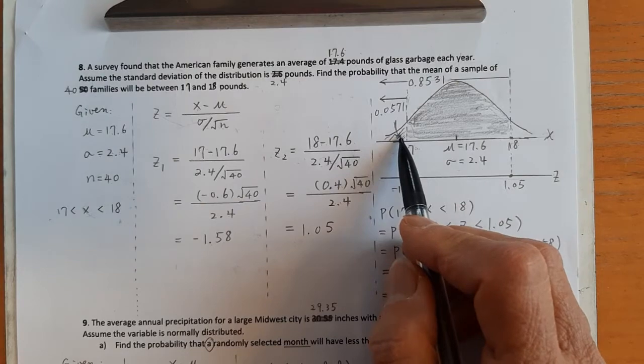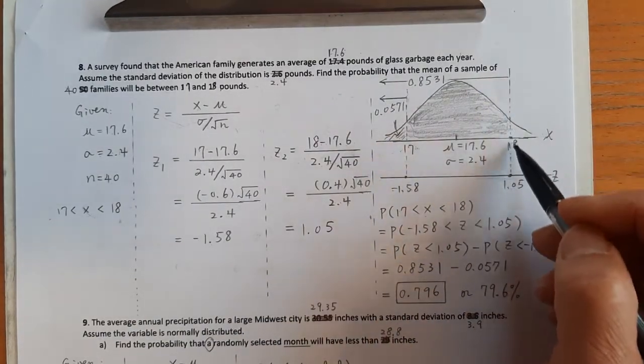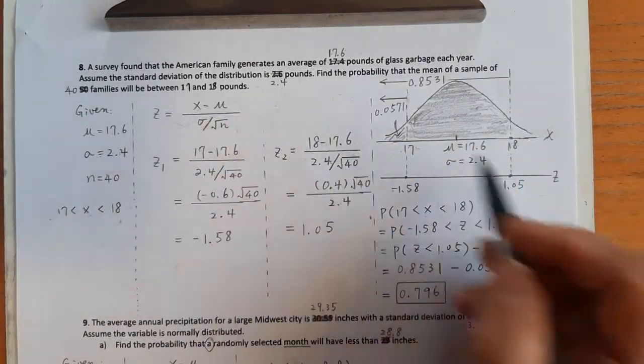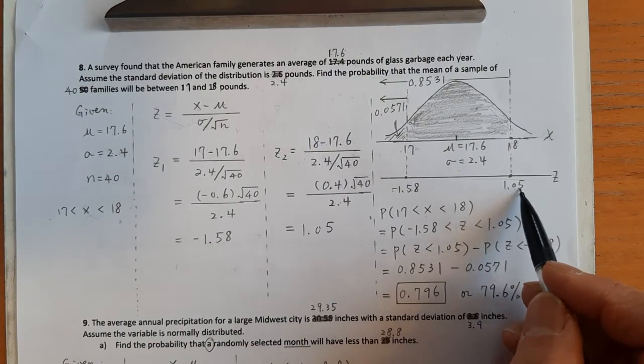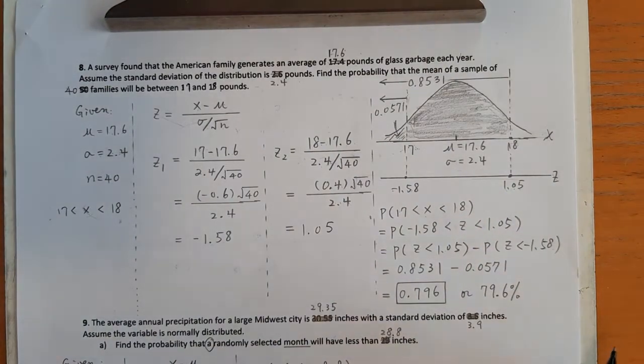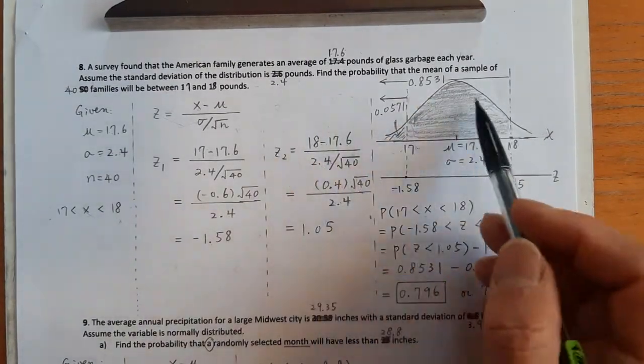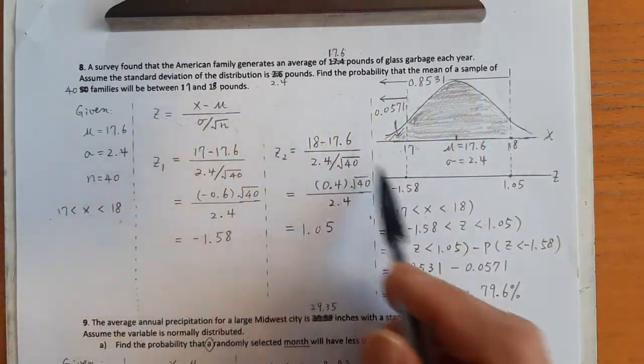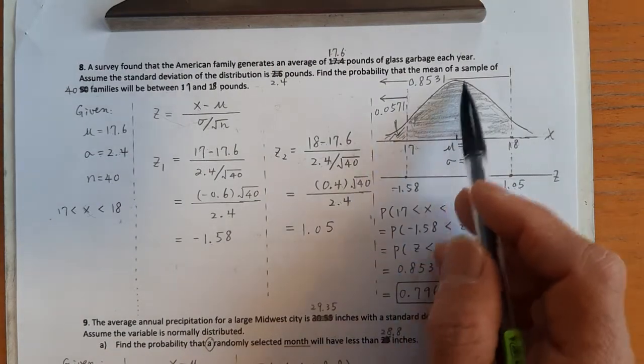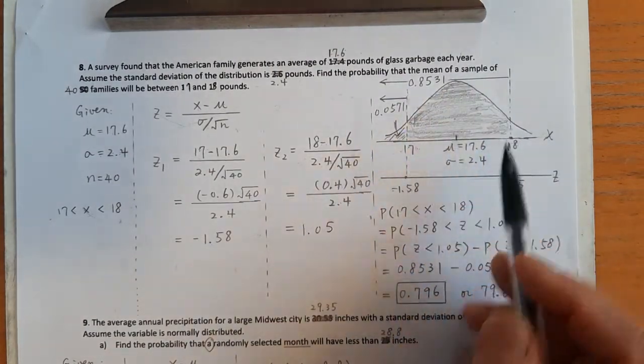And we can also figure out from the table the area to the left of 1.05, which is all of it. Then subtract the two and you will get the area between.